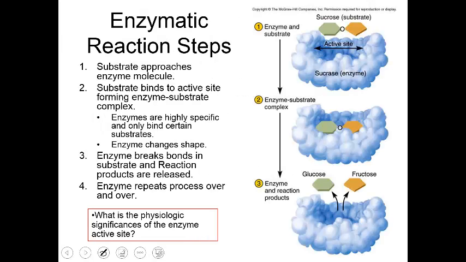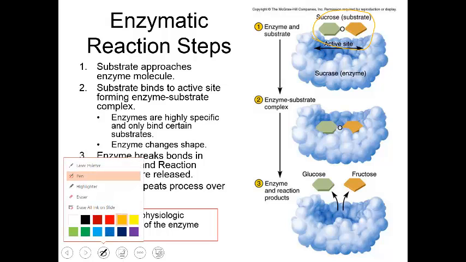Now, when you have an enzyme that is going to help you hydrolyze something, look at the term hydrolysis. So I'm going to explain this image right here. This image is sucrose, or not fruit sugar, but table sugar. Let me pick another color here. Let's do red.